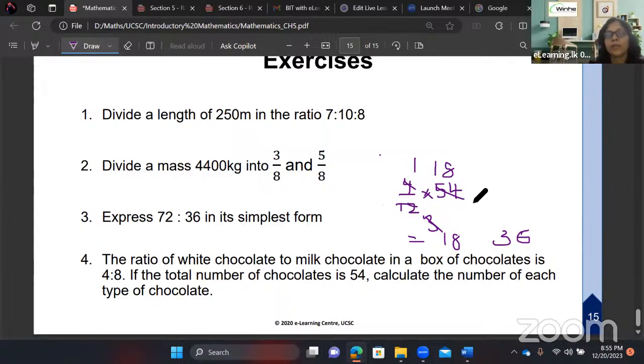How do you find it? One thing you can do is subtract 18 from 54, or else you can check whether it is correct by doing 8 over 12 of 54.